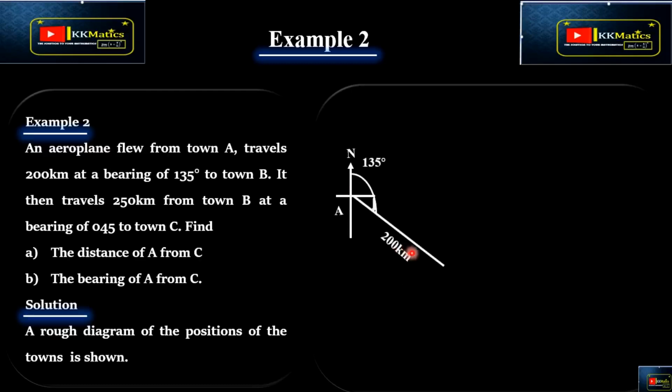So that's what you see there. And then it travels 250 kilometers from town B at a bearing of 045 degrees. 45 degrees lies in the first quadrant, right? So we draw that. So that's town B. So we draw a line.